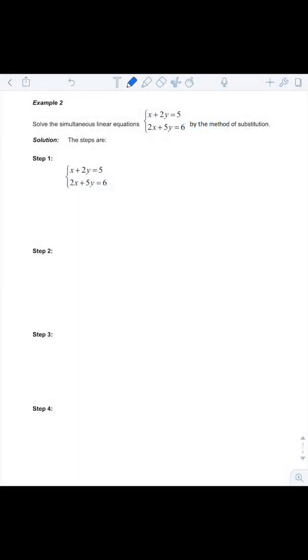Let's study one more example to practice the method of substitution. For these questions, first, we label the two equations as equation 1 and equation 2. And we choose one of the equations, say, for this case, equation 1.